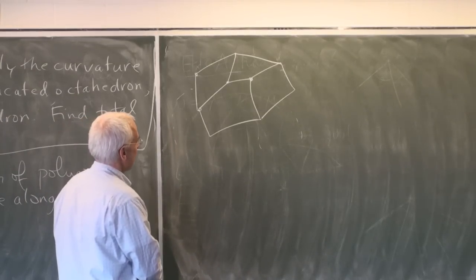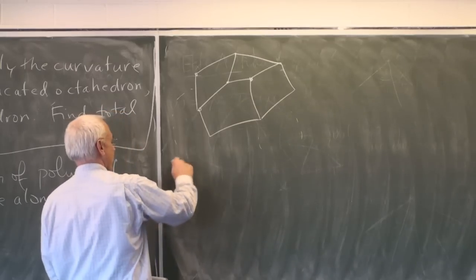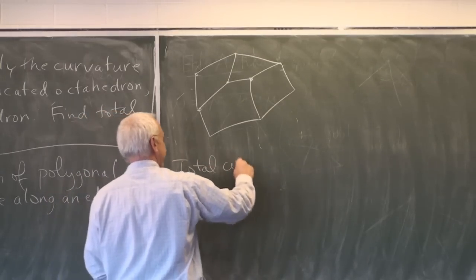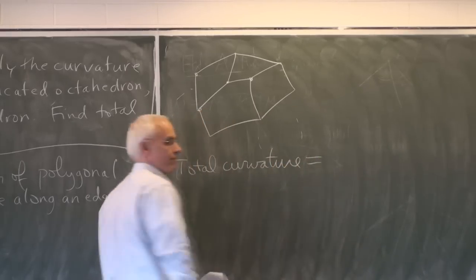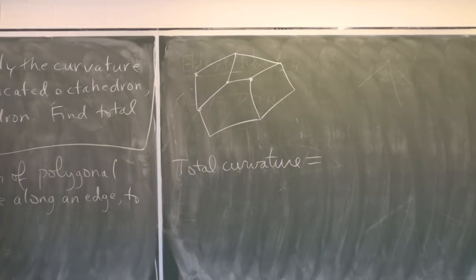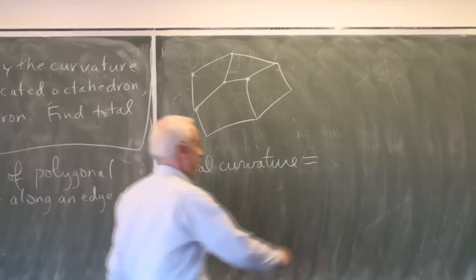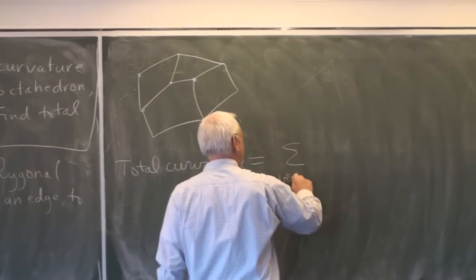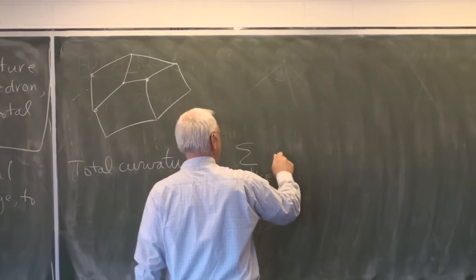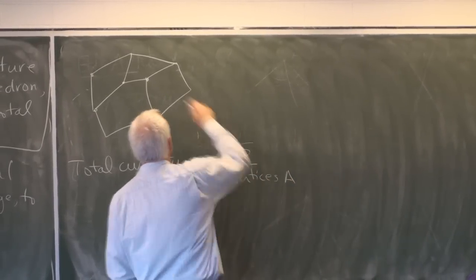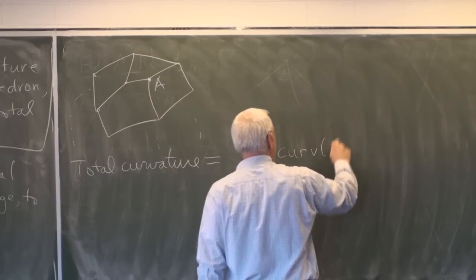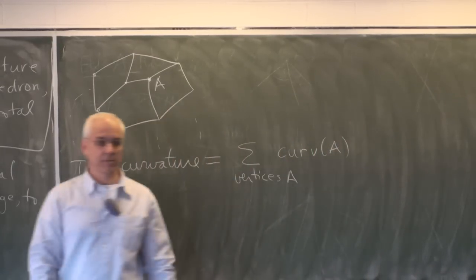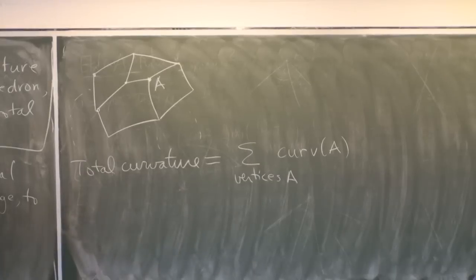And we want to find out what is the total curvature. Well, first of all, it's the sum over all the vertices, let's call them A, of the curvature at A. That's what we mean by the total curvature, the sum of all the curvatures at all the vertices.